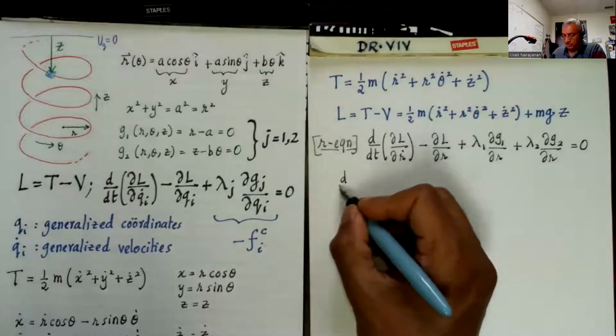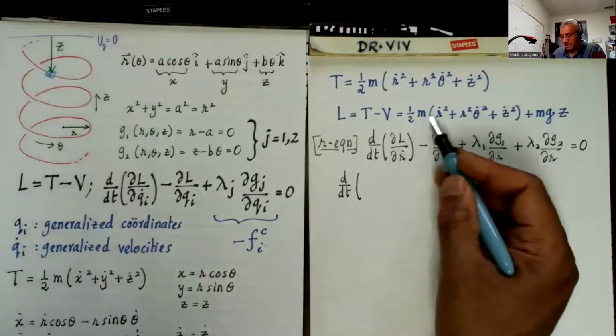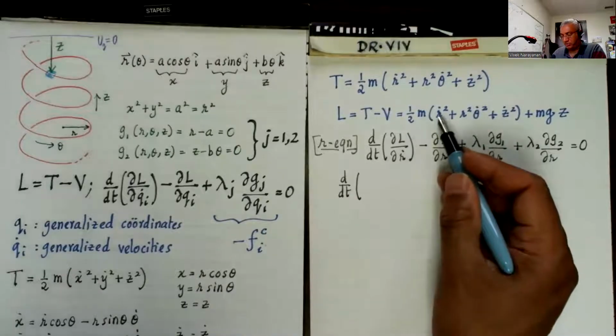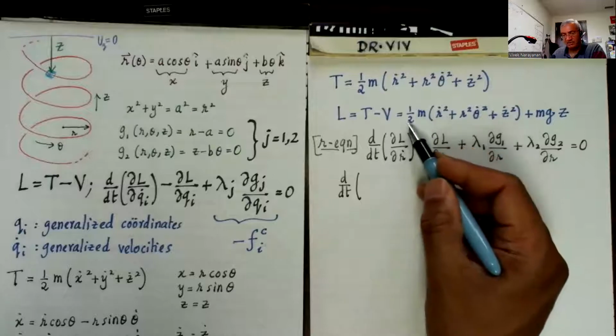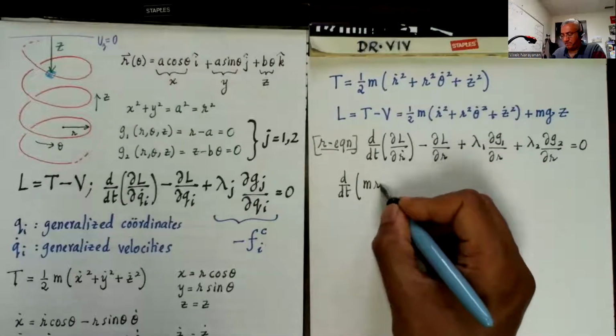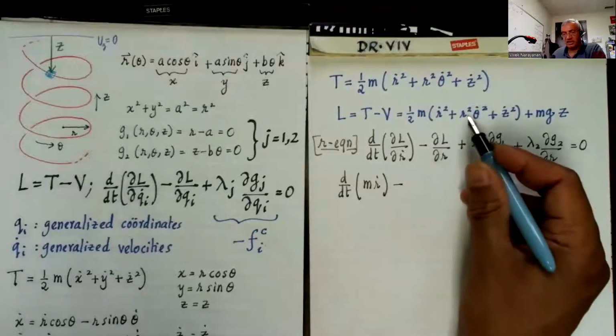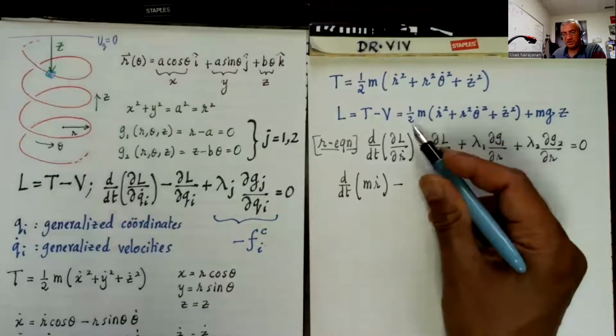Let's do this step by step. So that's d by dt. When I take the derivative with respect to r dot, I just get m r dot because the 2 from r dot squared will cancel with the 1/2. So that gives me m r dot minus del L by del r. Again, I get 2r there, which cancels with the 2.